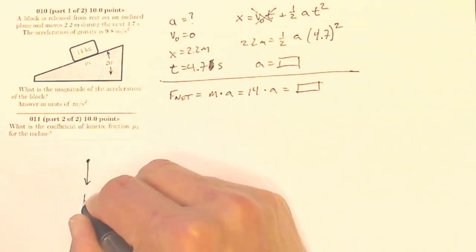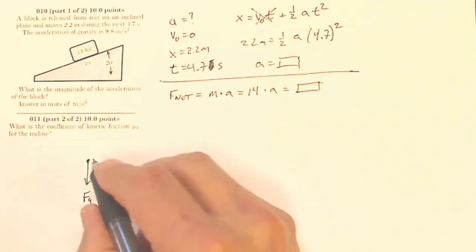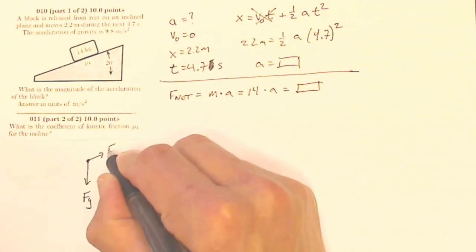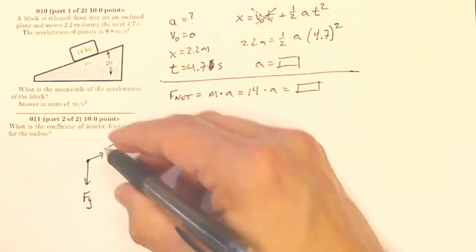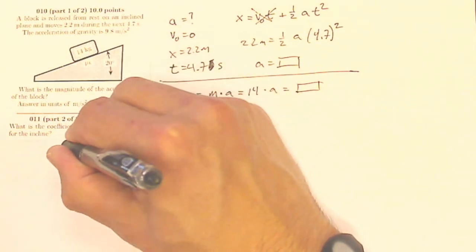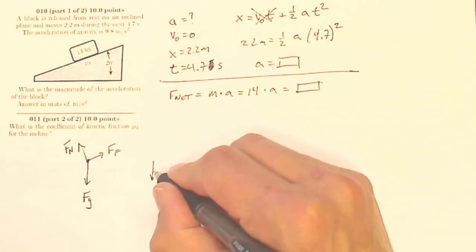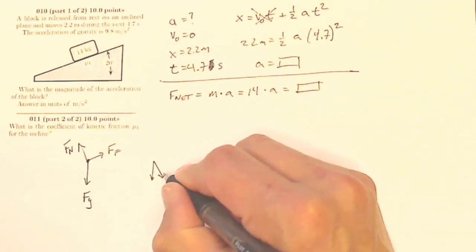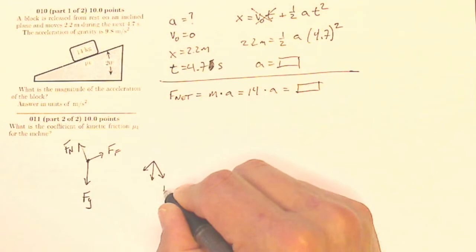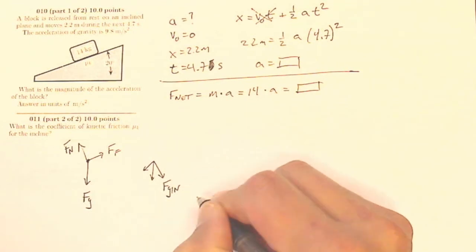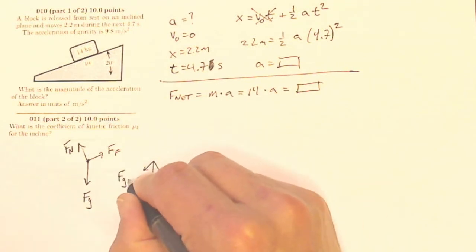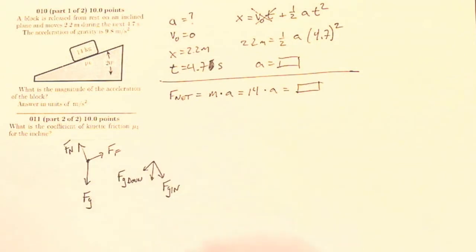I've got gravity straight down. I have a friction force this way because they are asking for a coefficient of friction. I've got a normal force this way. Well, gravity down is going to split into two components, one into the ramp and one down the ramp. So this is going to be my Fg into the ramp, and this is going to be my Fg down the ramp, if this is Fg.